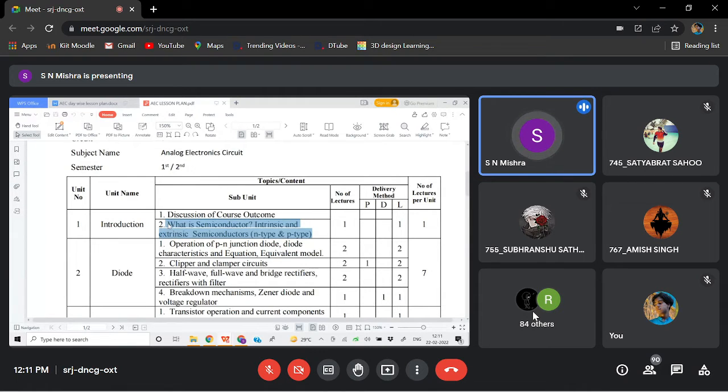So we'll just revise, and that's why these starting 3 to 4, 5 classes are very important. Here it is mentioned only 1 lecture, but I'll take 3 to 4 lectures. As I told you yesterday also, initially I'll go very slowly. Once the foundation is very strong, then we can go quickly.